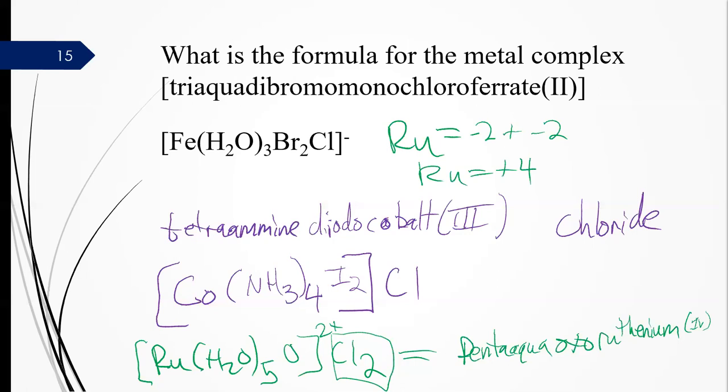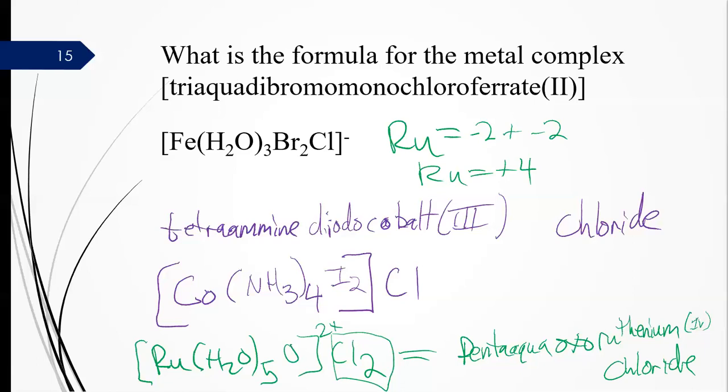We don't have to change the ending because it's still a positively charged ion. And then we need to say that we have the chloride. Now, do we need to put dichloride? No, we shouldn't have the dichloride because this is an ionic compound.